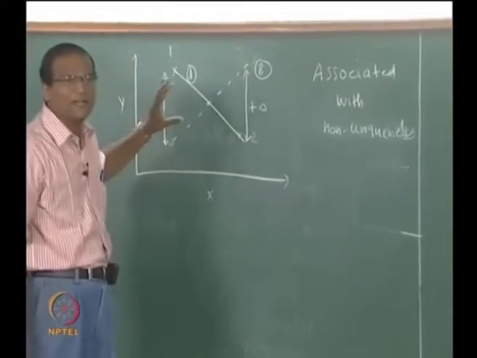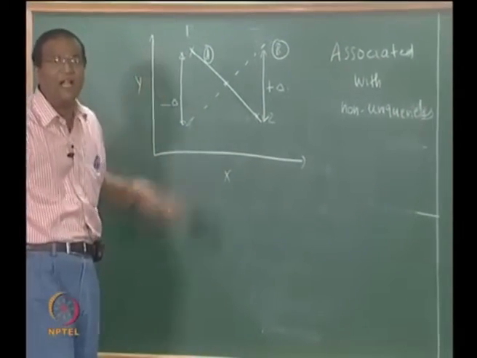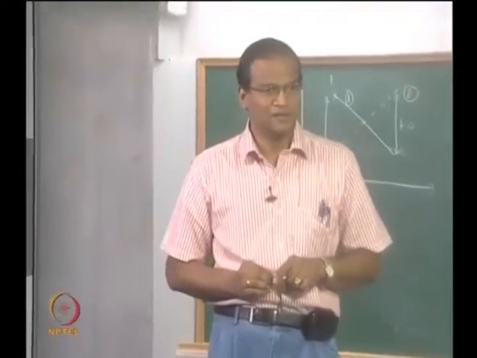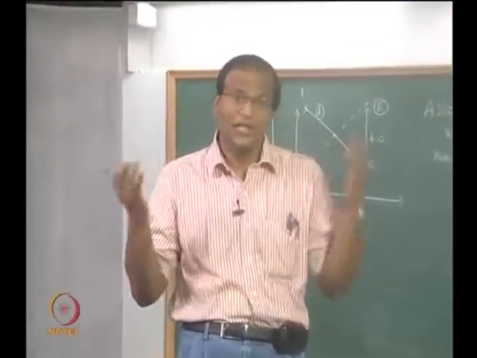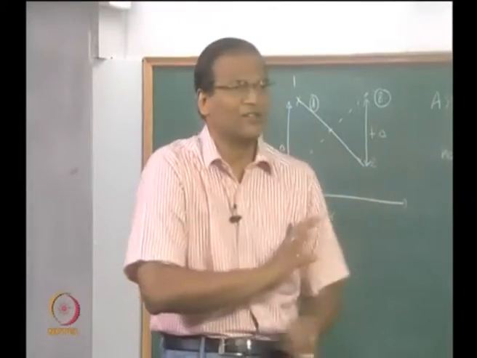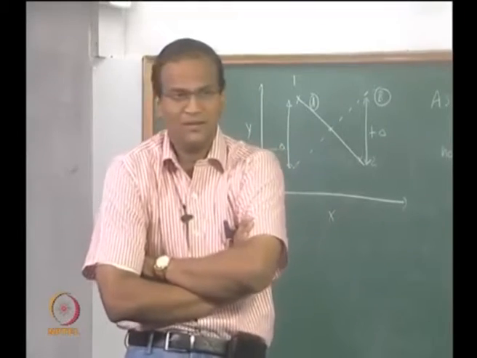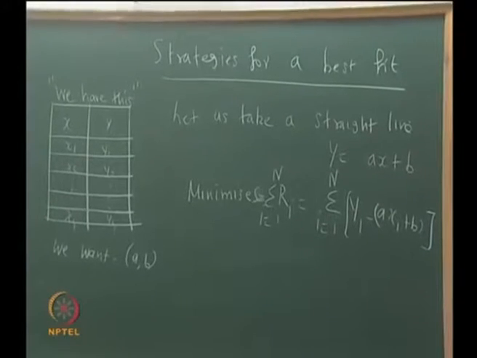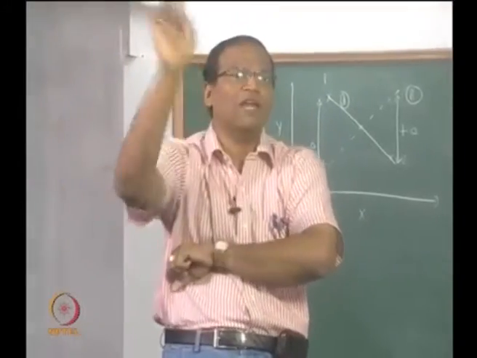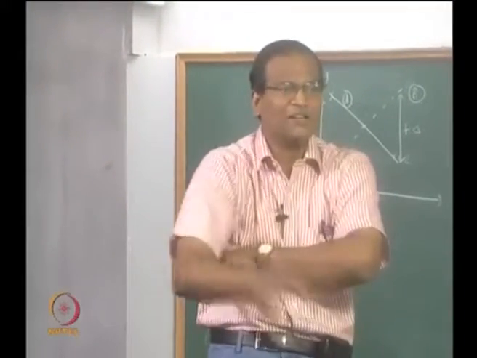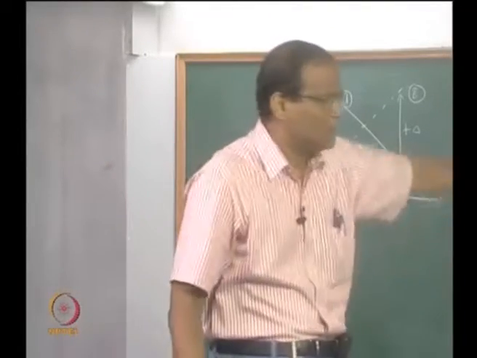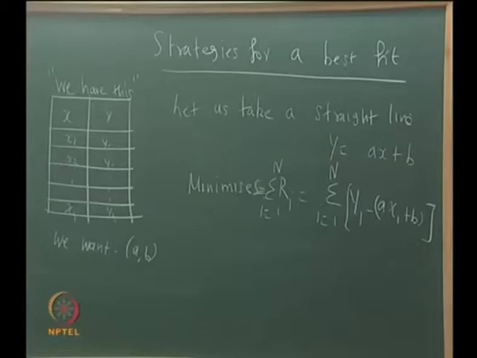Instead of looking at it mathematically, from a common sense perspective, large negative errors may be compensated by large positive errors. It will accept that also, because it is not worrying about the modulus or the square or any other thing. You can deviate from as many points as you like, so long as the minus error is balanced by the plus error, it is all right. So it will lead to non-uniqueness. This is not the best strategy.